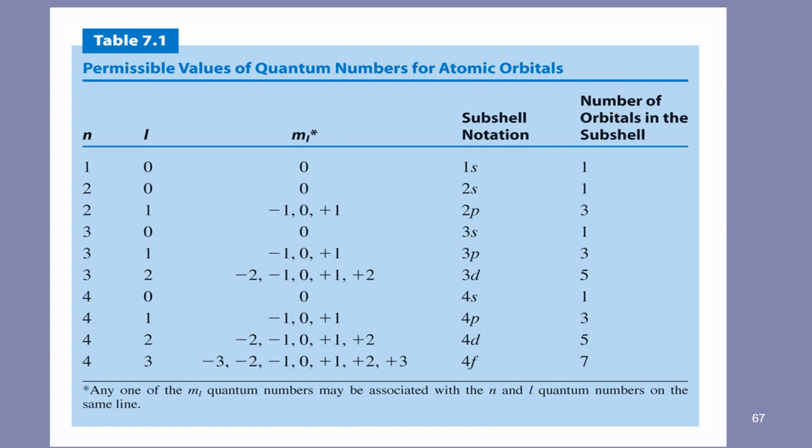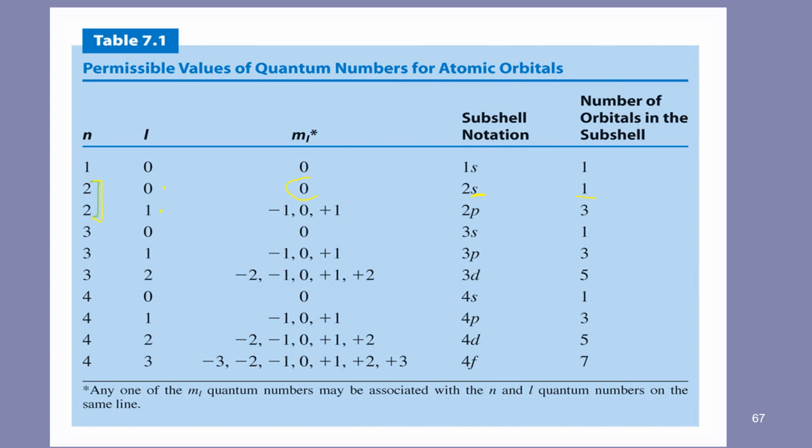If I'm on the second level, N equals 2. Maybe I need the yellow. Okay, N equals 2. L can be anything up to 1, 0 or 1. If L equals 0, M sub L only equals 0. That tells me I'm in an S subshell, so that's 2S, and there's only 1 orbital.